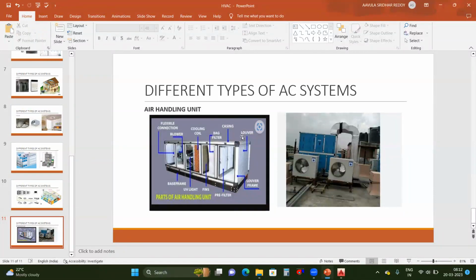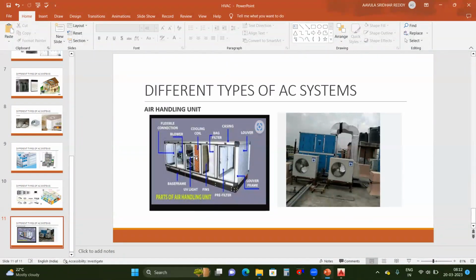So here you can see the parts of the air handling unit. This is the louver to take the fresh air from the outside atmosphere, and this is the filter. We have discussed that the filter is necessary to filter the air coming from outside, which has insects, pollens, etc. So that will get filtered here.